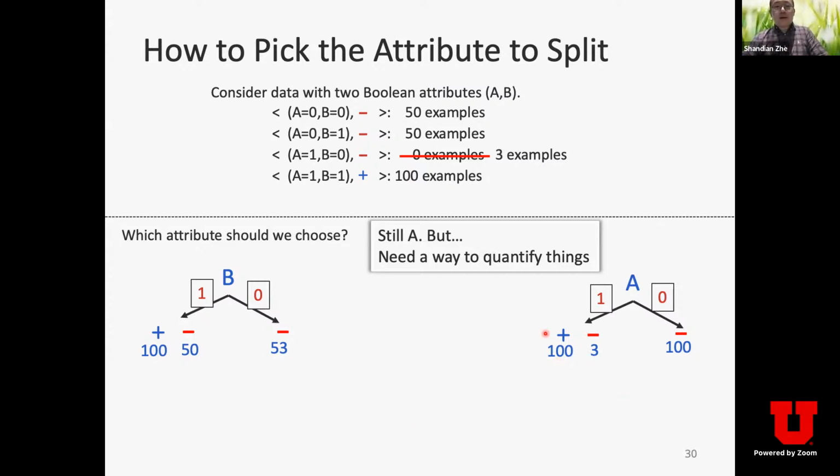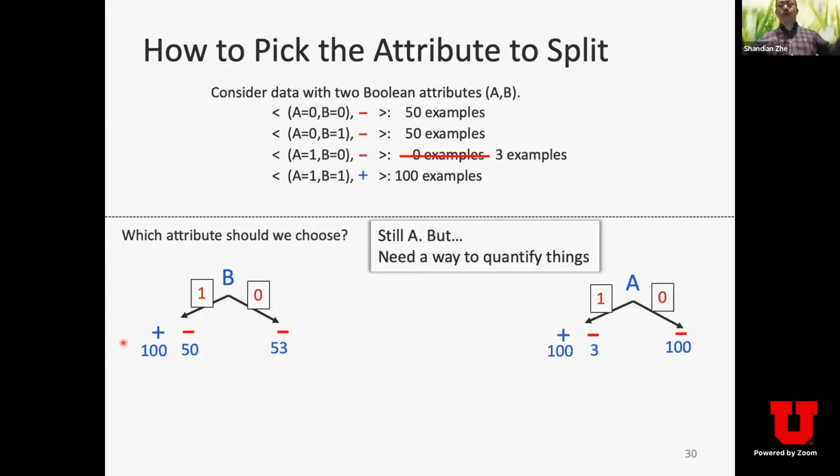You can see that nearly 97% or 98% of examples are positive, while here only about 2/3 are positive. In terms of label purity, of course, the result of splitting on A is better than the result of splitting on B.